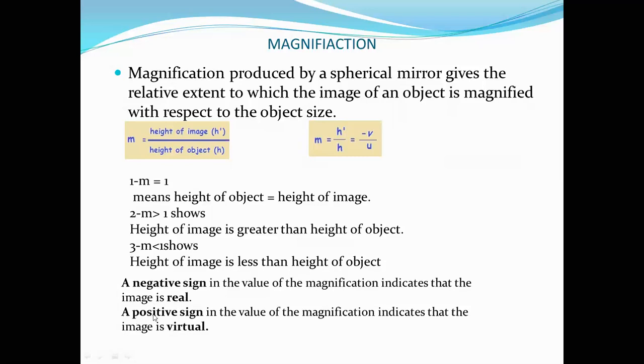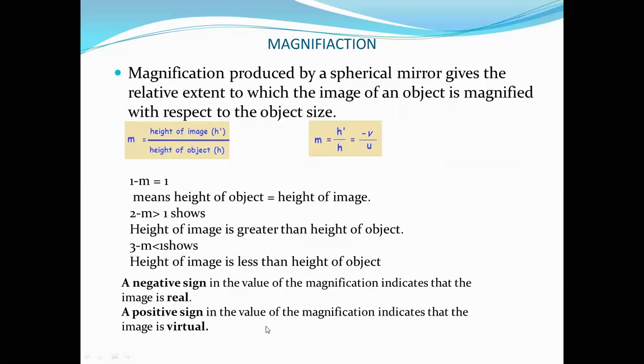If the value of M is positive, this shows that the image is virtual and erect. For example, if the value of M is +3, plus shows virtual and erect, and 3 shows 3 times enlarged than the object.